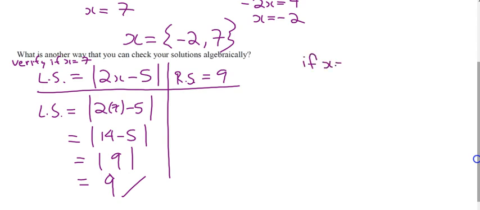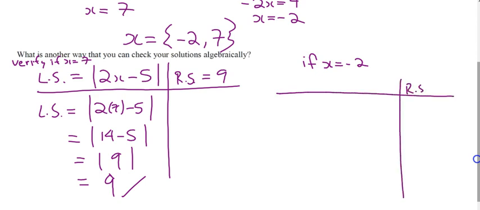Similar check, if x is equal to negative 2. I don't need much space on the right-hand side, because it's just equal to 9. So you can't cross sides. When you're verifying, don't treat it as an equation, like, oh, I'll add 5 to both sides. You can only work one side. So the left side is the absolute value of 2x minus 5.